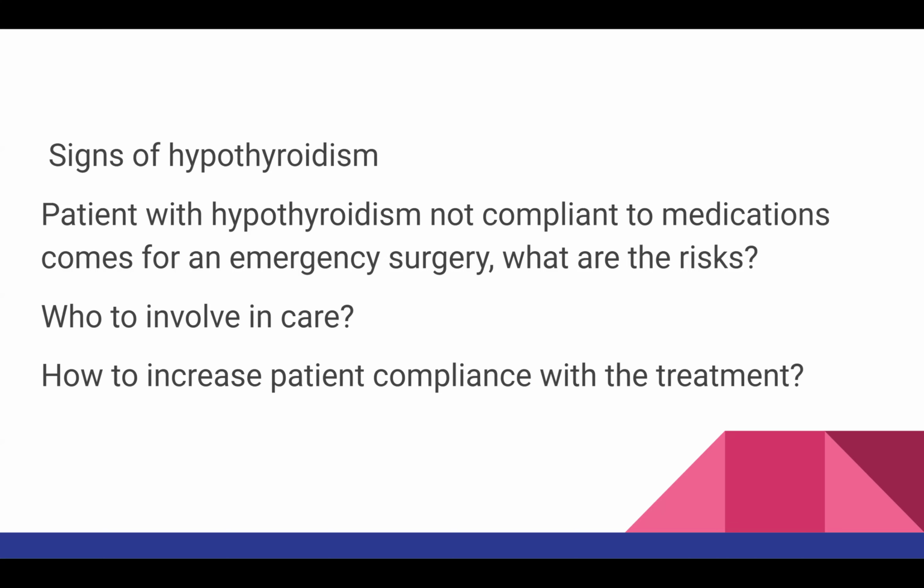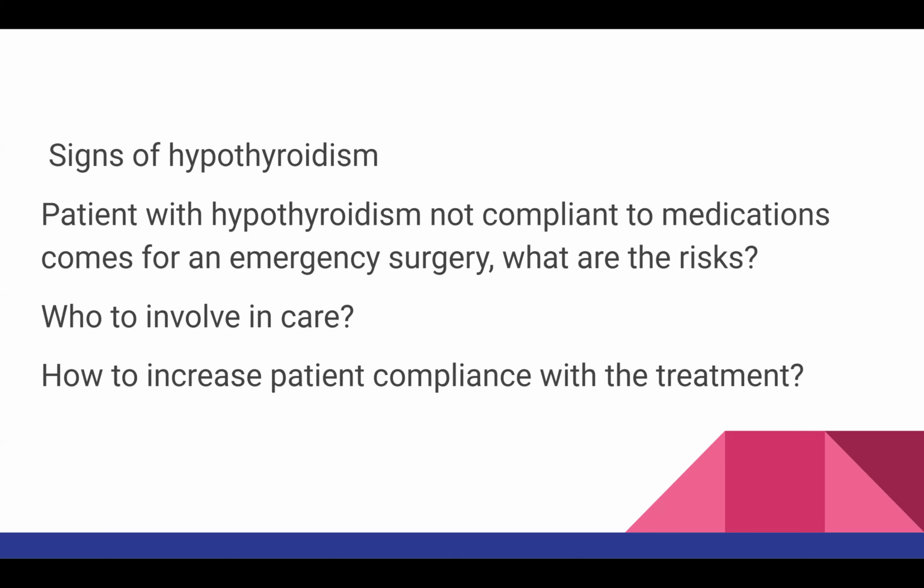Okay, so how can you increase the compliance with the treatment? We have to first optimize the treatment. We have to give a simple regime which consists of a single dose of the thyroid medication at a fixed time. We must inform this to the patient.